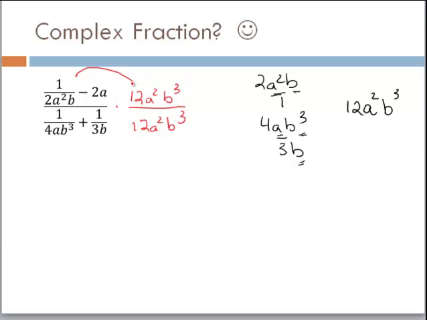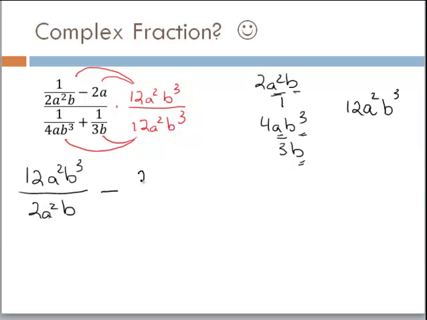What you're going to do is distribute that across, just like that. Okay? I'll write everything out so you can see what's going on. We have 12a squared b cubed over 2a squared b, minus 2 times 12 would be 24, and this a times this a squared would be a cubed, and we still have the b cubed, all over 1 in the denominator.